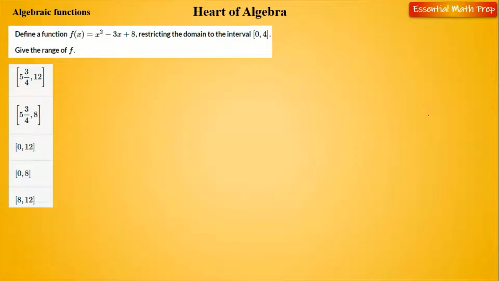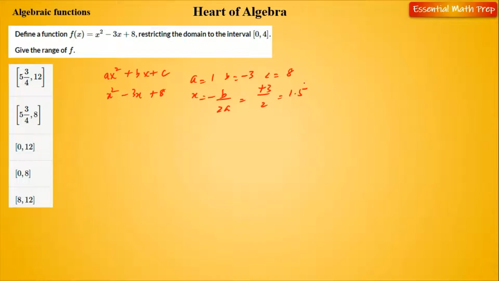Okay. You're asked to determine the range. So again, first you have to determine the x value, for which we use the quadratic or parabolic expression, matching it to the given expression. So we know a equals 1, b equals negative 3, c equals 8, x equals negative b over 2a, which is 3 over 2, which is 1.5, right?